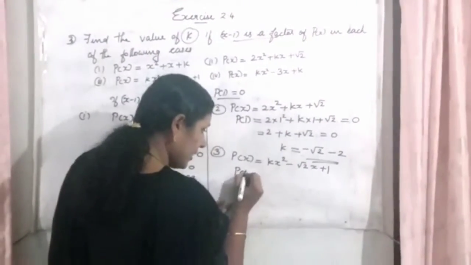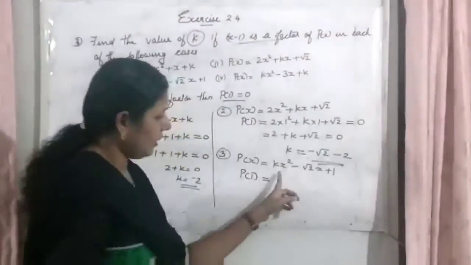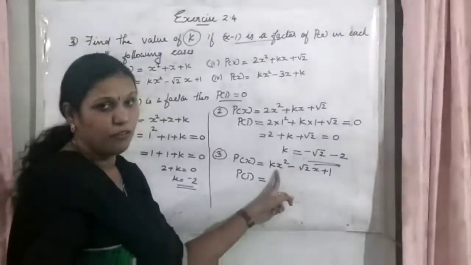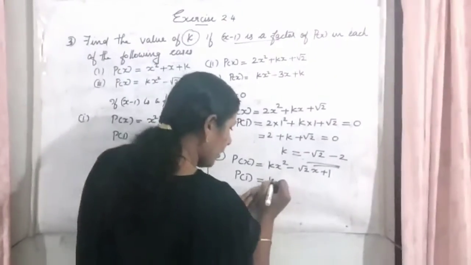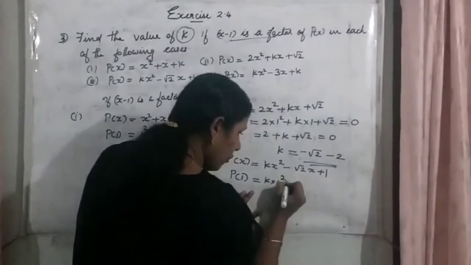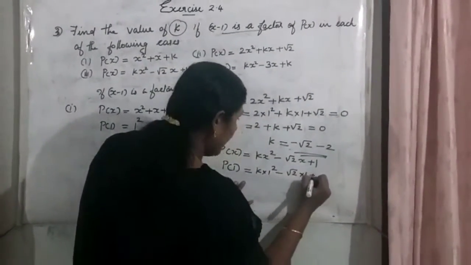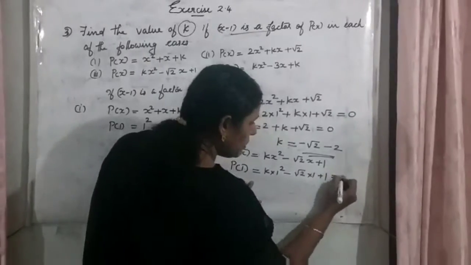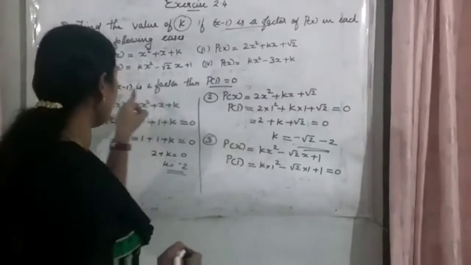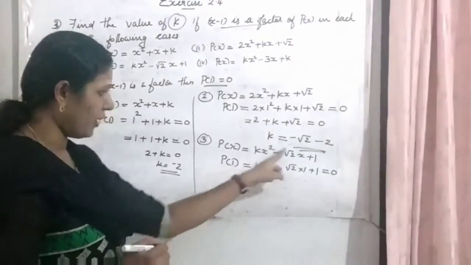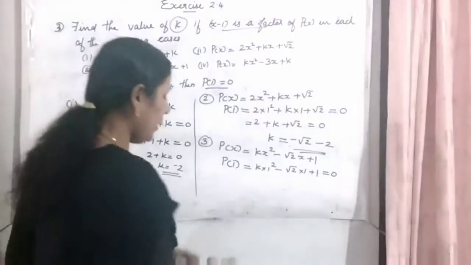So we write P of 1. Everywhere in the polynomial where there is x, we put 1. That is k into 1 square minus root 2 into 1 plus 1 equals 0. Equal to 0 means x minus 1 is a factor, so P of 1 equals 0.